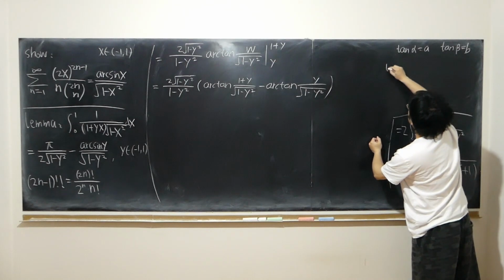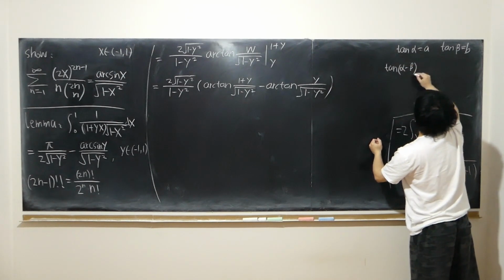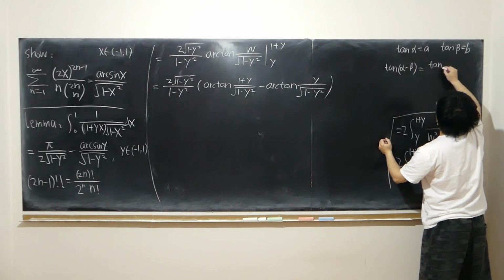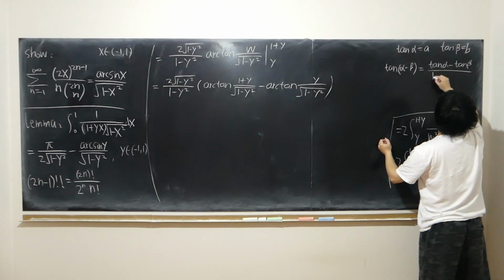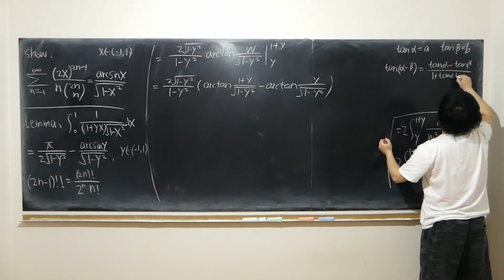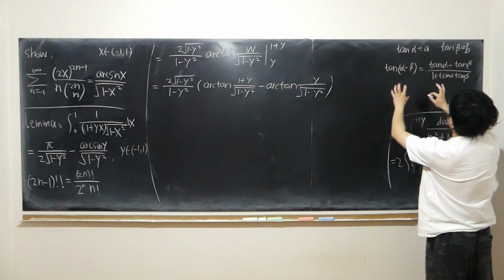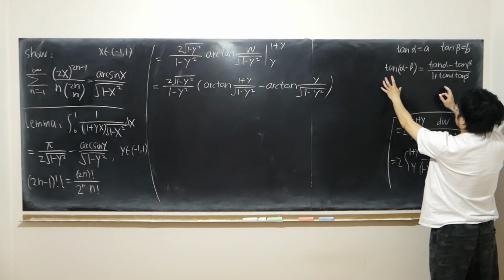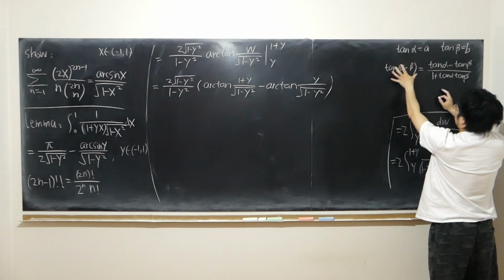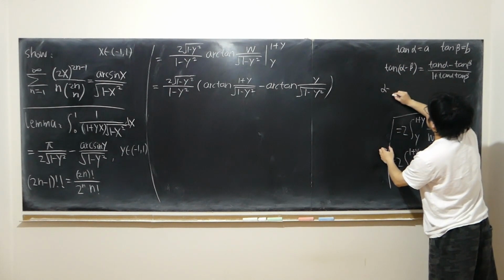And we always have a standard formula: tangent of alpha minus beta equals tangent alpha minus tangent beta over 1 plus tangent alpha tangent beta. Then we can apply arctangent on both sides. This is the angle, this is the ratio. Apply arctangent again, so it becomes an angle, so alpha minus beta.